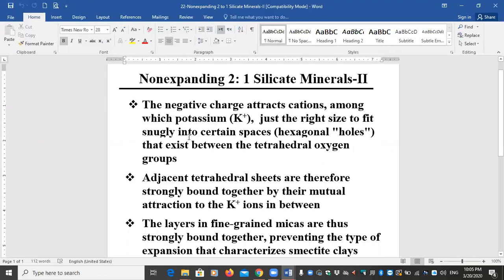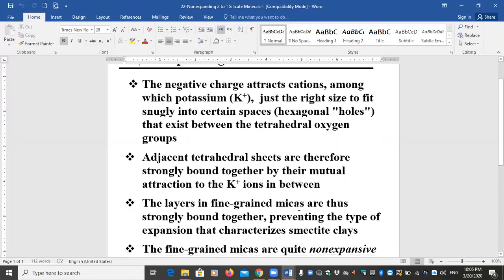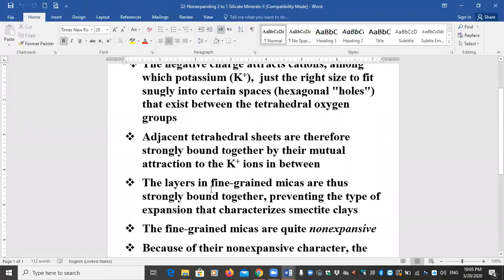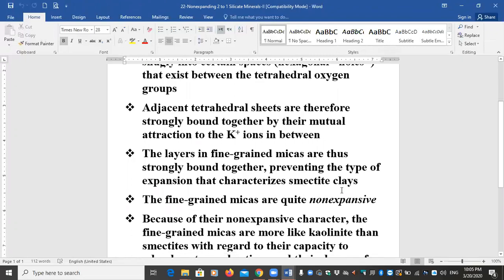When we say snugly, that means tightly, in very tight spaces, so they hold these crystal units together very strongly. The layers in fine-grained micas are therefore strongly bound together, preventing the type of expansion that characterizes smectite clays.